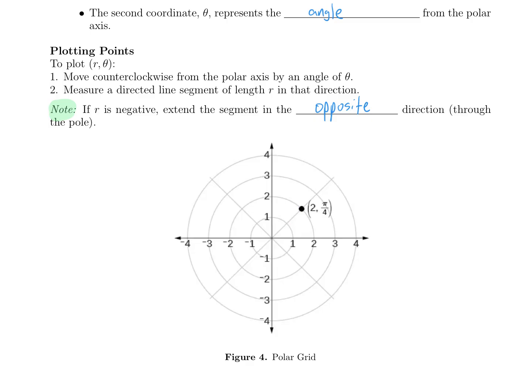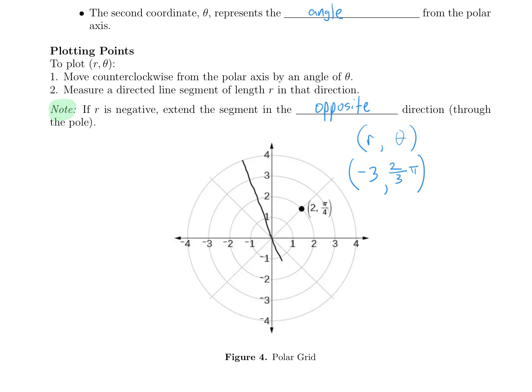Let's plot one more point. Let's say we had the point with 2/3 pi as our theta, and -3 as our r, comma theta. Then first thing you would do is go to 2/3 pi, which would be about 120 degrees, right? So let's just say it's here.